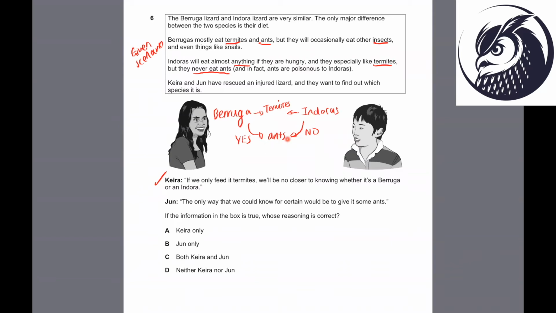So if we give this unknown lizard an ant, we'll be able to find out for certain what species it is, beluga or indora, based on whether it eats the ant or not. So again, Jun's statement is also correct. By giving it an ant, we can figure out whether it's a beluga or an indora lizard. So Kiera and Jun are both correct, and therefore C is our best answer.